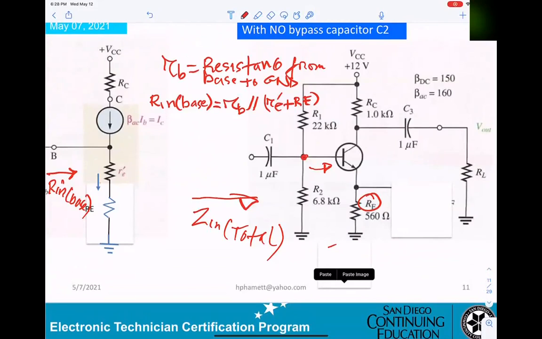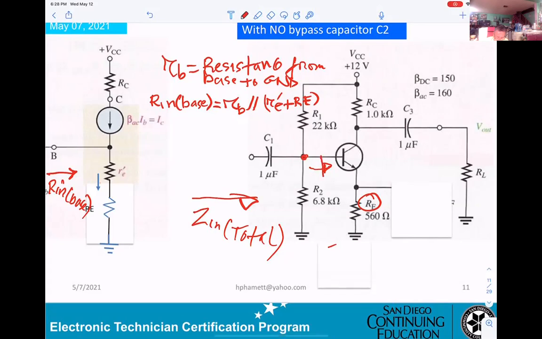Now, try to see the difference. RB means the resistance from the base to the route.